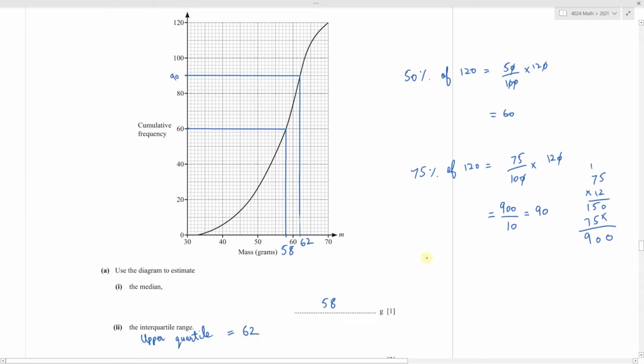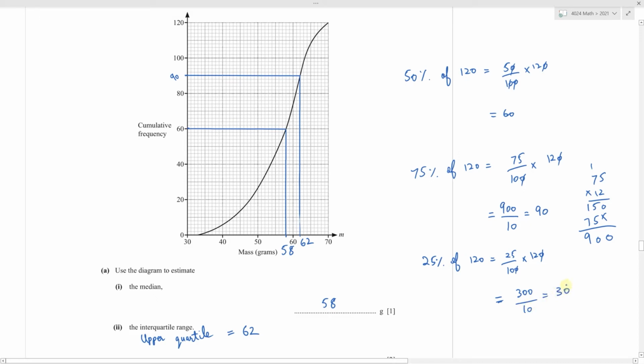And then lower quartile is your mass at 25% of total frequency. So 25% of 120 will be 25 divided by 100 into 120. Zeros cancel out. 25 times 12 would be 25 times 10 is 250 plus 50, 300 divided by 10.